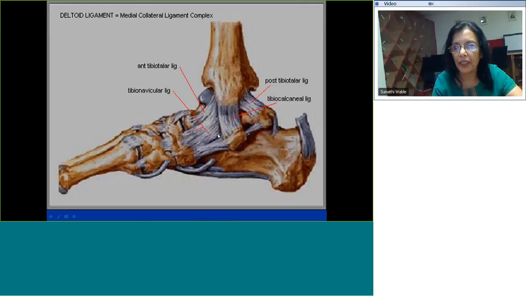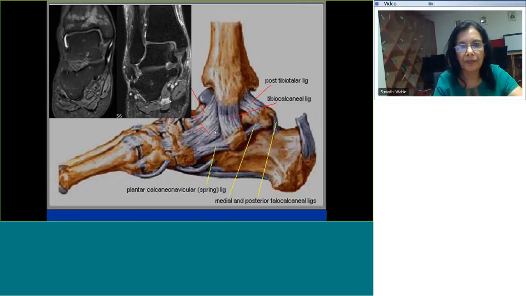Coming to the ligaments, the medial collateral ligament of the ankle is comprised of several fascicles, as you can see here, which is also called the deltoid ligament, which is self-explanatory on this image. The tibiocalcaneal, tibiotalar, and anterior and posterior, in addition to the calcaneonavicular fascicles.